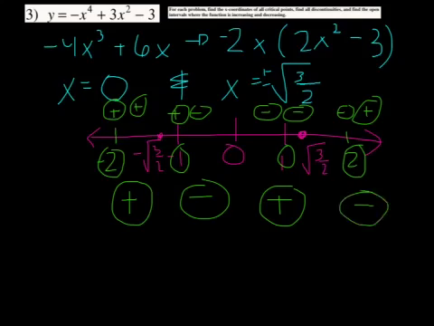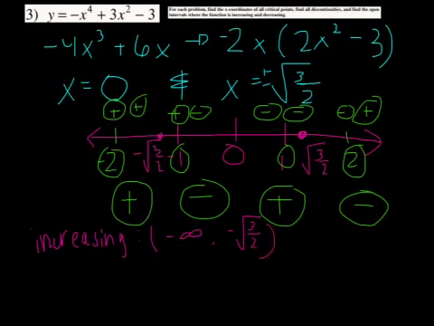So using this, I could say that it is increasing at the intervals negative infinity to negative square root of 3/2 and 0 to square root of 3/2.